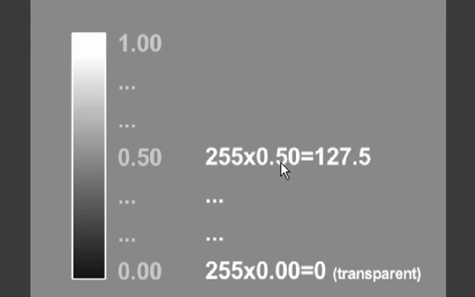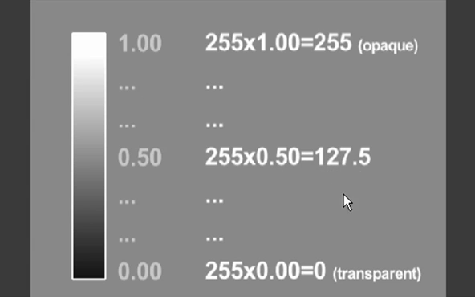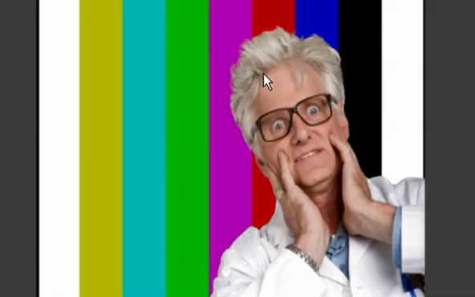This is assuming we're working in 8 bits, so the maximum value in 8-bit is 255. 255 multiplied by 0 is 0, which will produce a transparent image when we're compositing. 255 multiplied by 0.5 will produce 127.5, which is exactly in the middle, and 255 multiplied by 1 will produce 255, which is a fully opaque image when we're compositing. So that's how we get something like this. Our original image multiplied by its alpha channel and composited over a background, in this case 75% color bars.